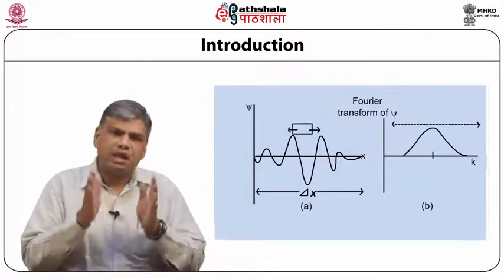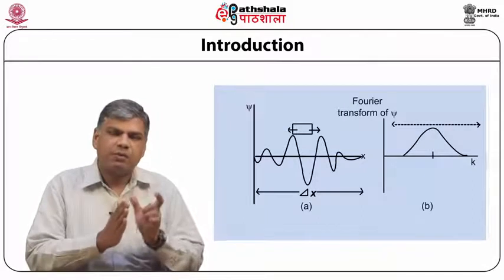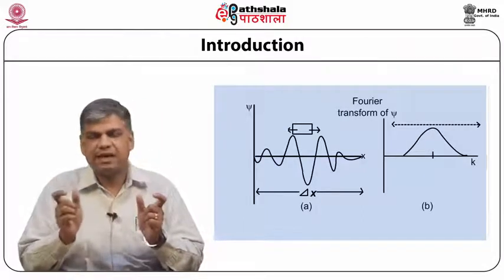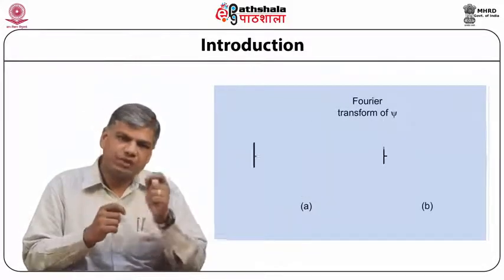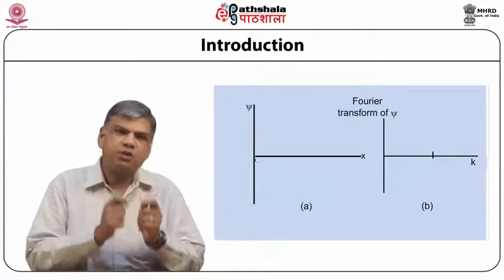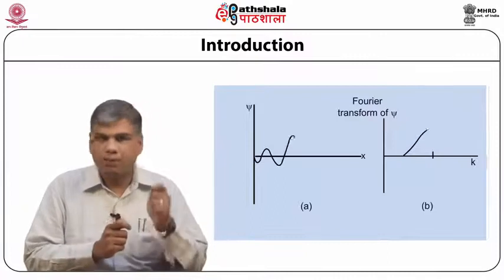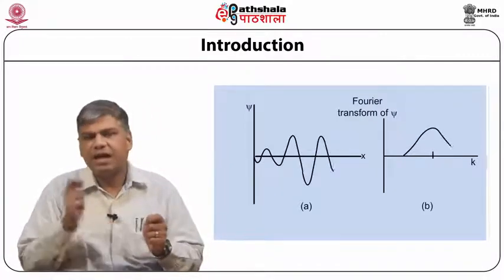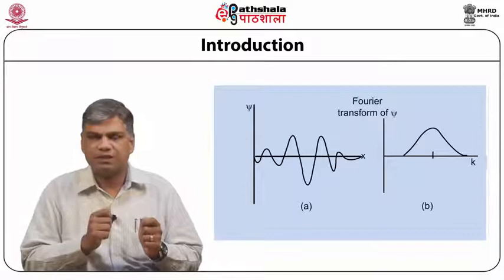In this sense, a balance has to be struck between delta x and delta k, or in other words, in choosing our wave packet, so that we are able to make a reasonably good approximation both about the momentum of the particle as well as the position of the particle.